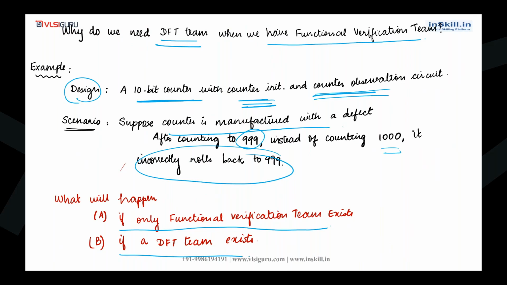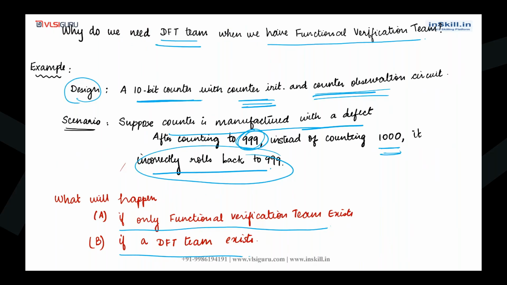After counting 999, instead of counting 1000, it incorrectly rolls back to 999. It is once again counting 999. This is the scenario I'm considering.